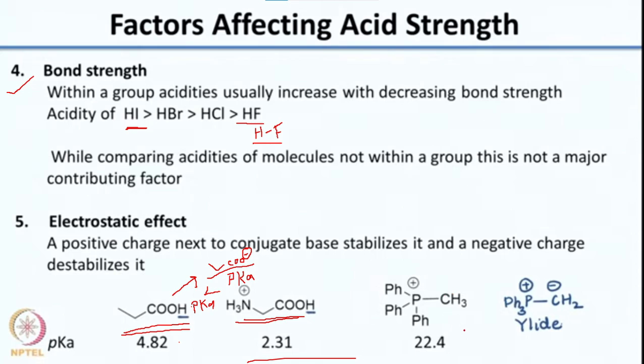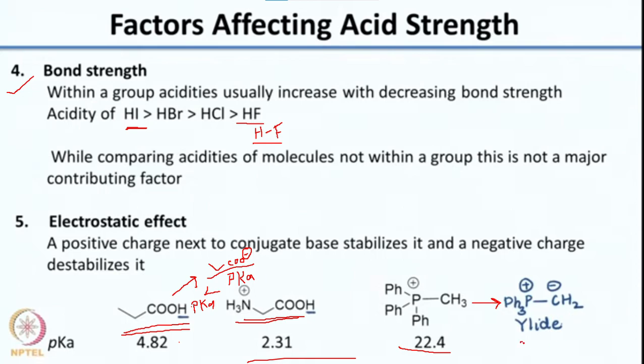Now talking about this case, here you can draw its conjugate base. The conjugate base will be this one, right? Now here you can see a negative charge is there, and this negative charge is stabilized by this phosphorus PPh3 group.